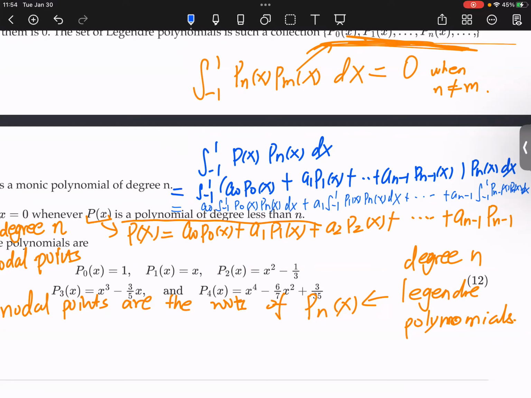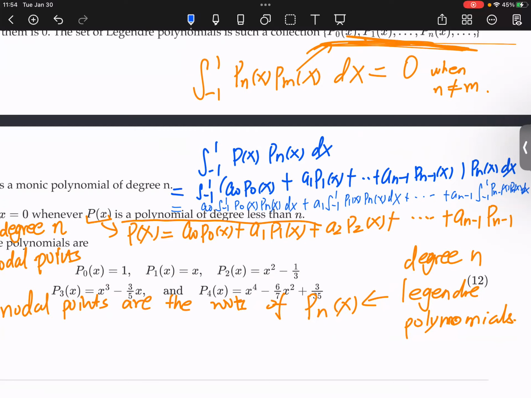So for these inner products, these integrals here, they are all zero. Does it make sense? Because p0 does not equal pn, 0 does not equal n, 1 does not equal n. So from the basics, these are orthogonal polynomials. So this inner product should be 0. This inner product should be 0.